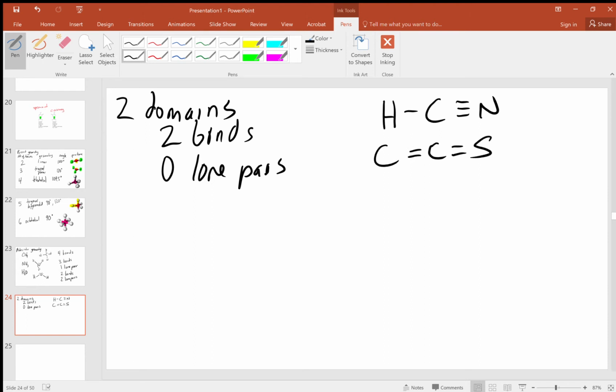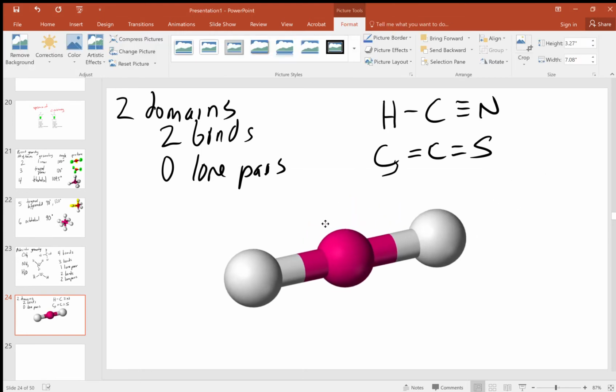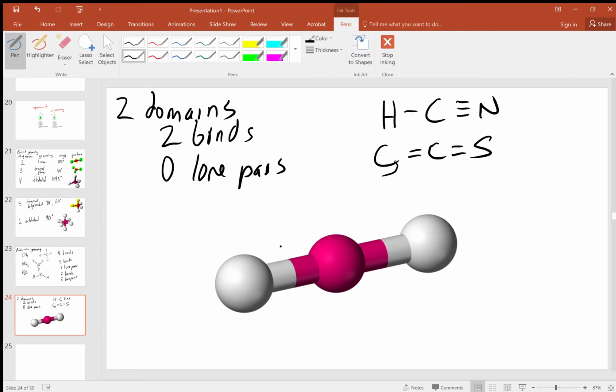Again, we can see 2 bonds and no lone pairs. And so that will be linear. Bond angle of 180 degrees.